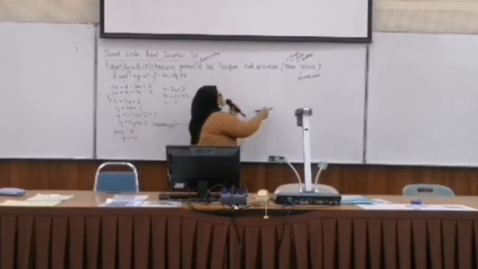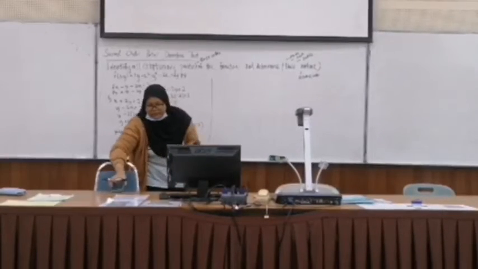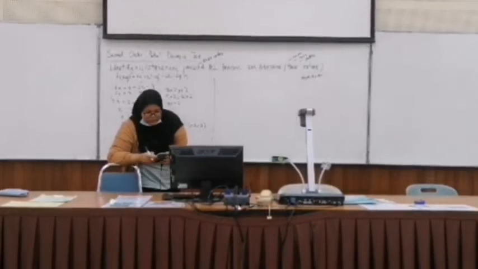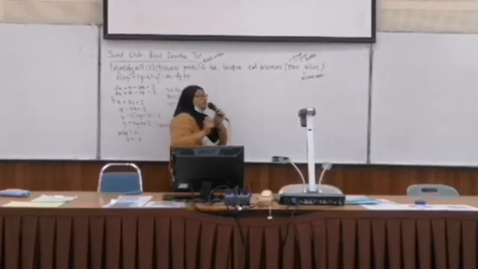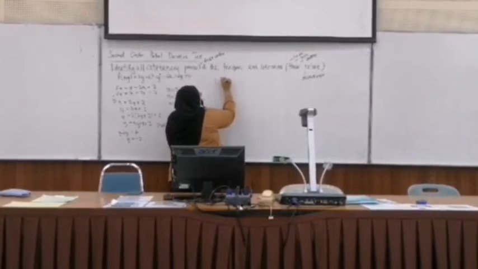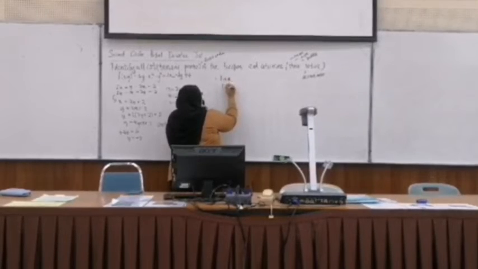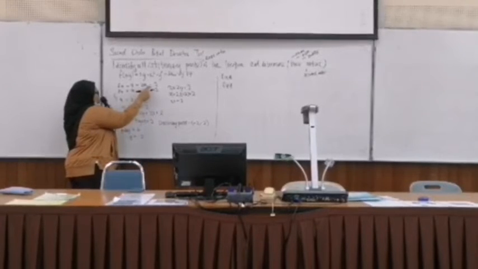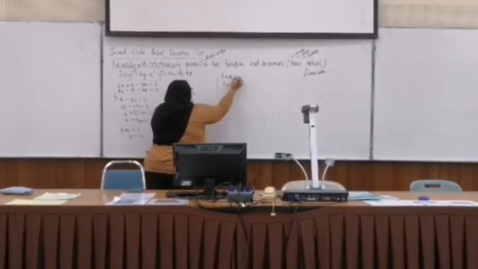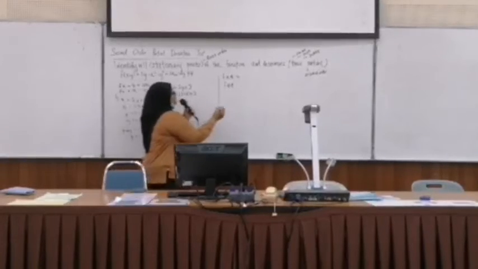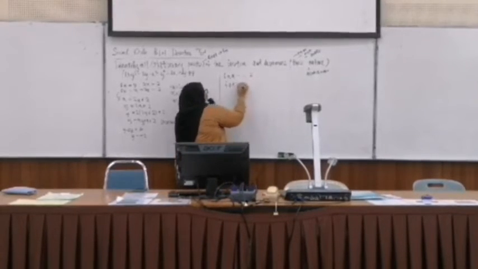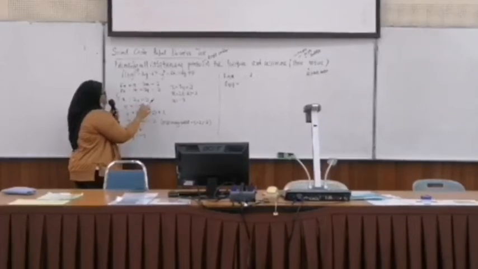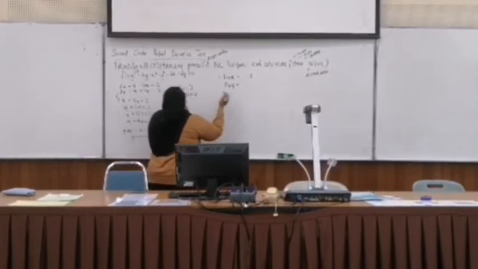With their nature we need to do the second order. Second order, we need to find fxx and also fyy. So we know fx is y minus 2x minus 2, and fxx will be negative 2. And fyy, we know fy is x minus 2y minus 2, and the fyy is negative 2.